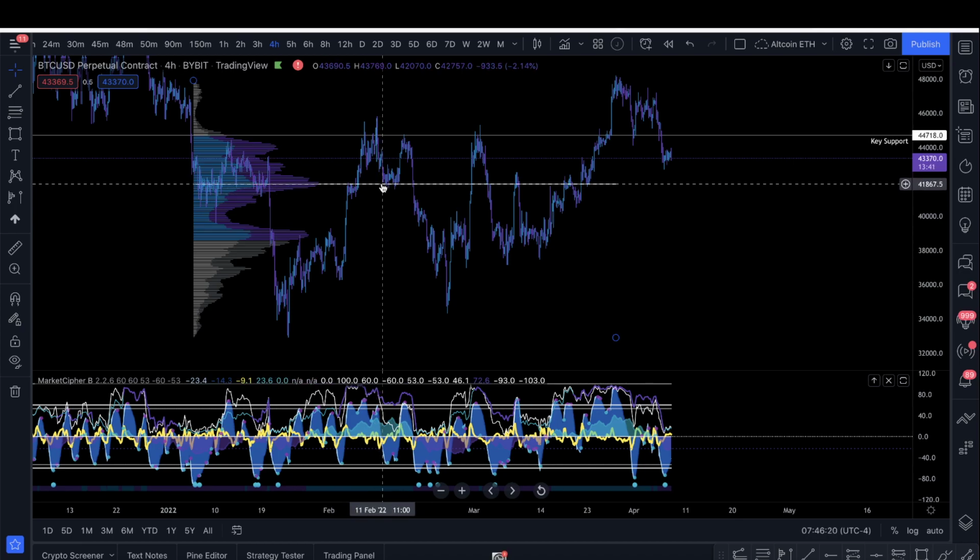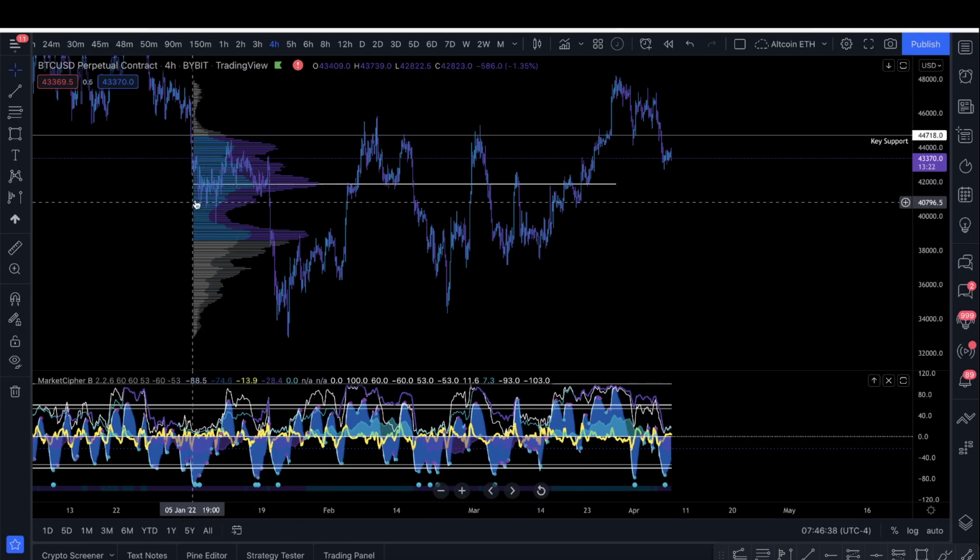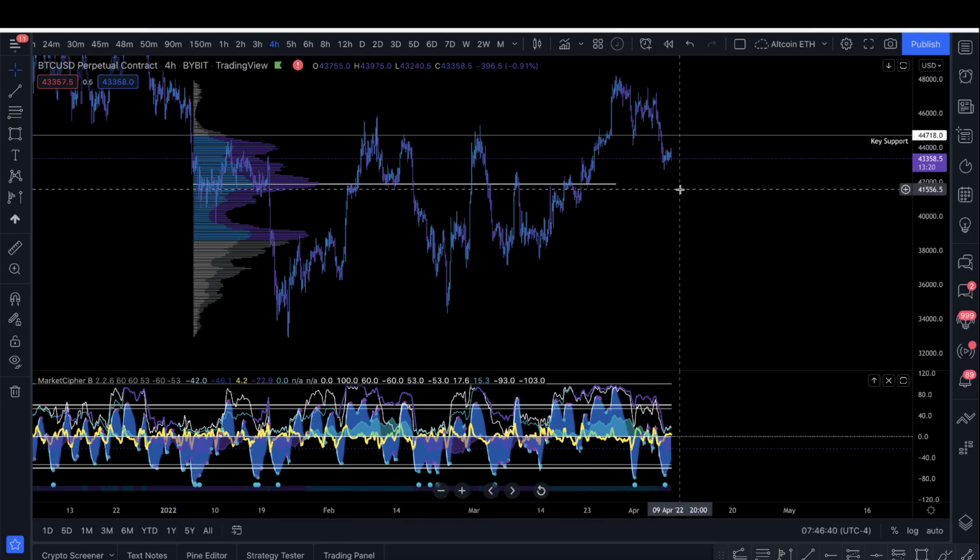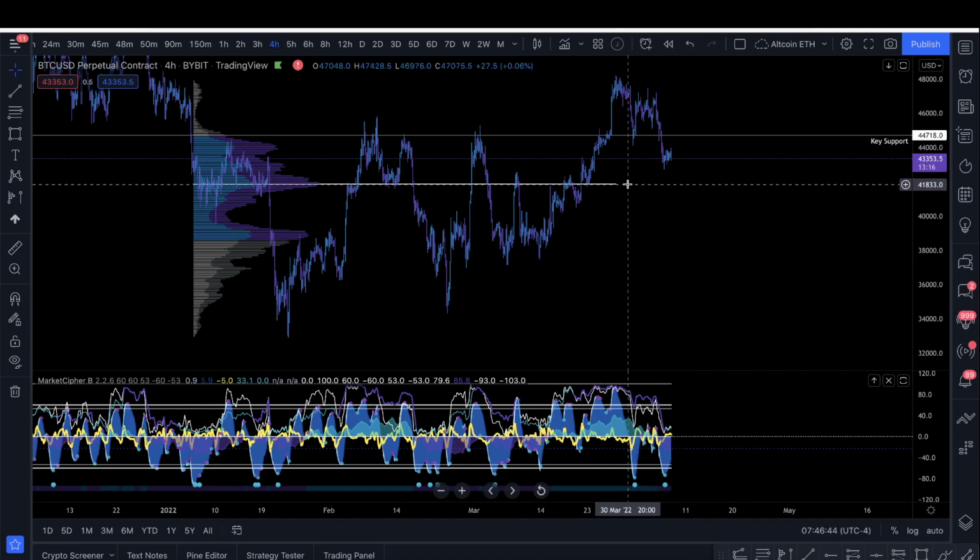So this is telling us that $41,867 is the price where the most transactions have taken place. The most buying and selling of the asset has taken place at that price. And what this does is it establishes a local fair value for the asset. When I say local, I mean from the beginning of January until even now, this is considered the fairest value for the asset.